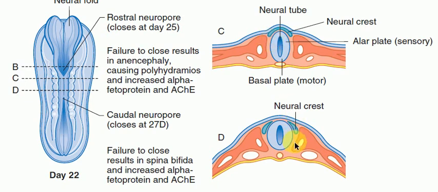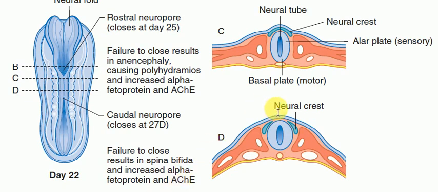This is the classical dorsolateral position of the neural crest cells, as you can see in diagram D, surrounding the neural tube.